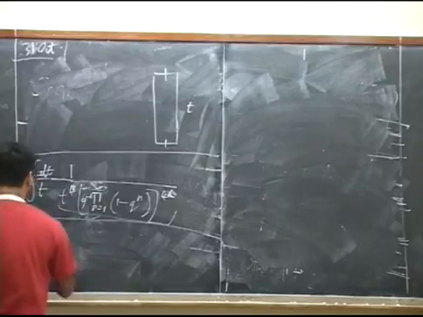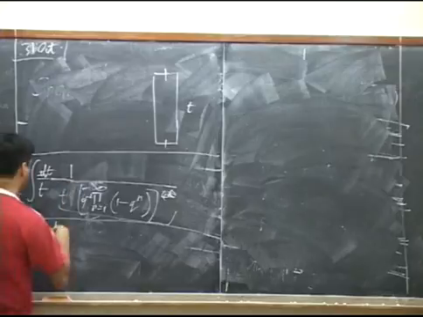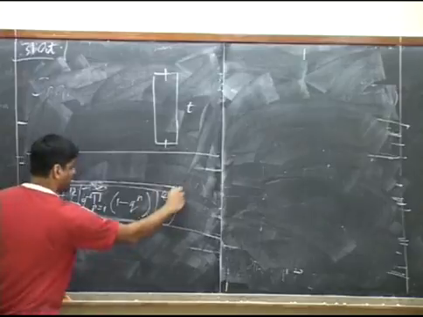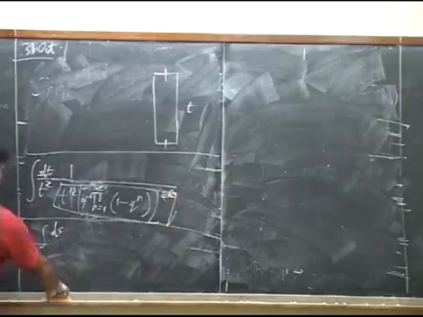Let me say it more systematically. We first made this square and then 12, and then we found that this object had a modular transformation property.